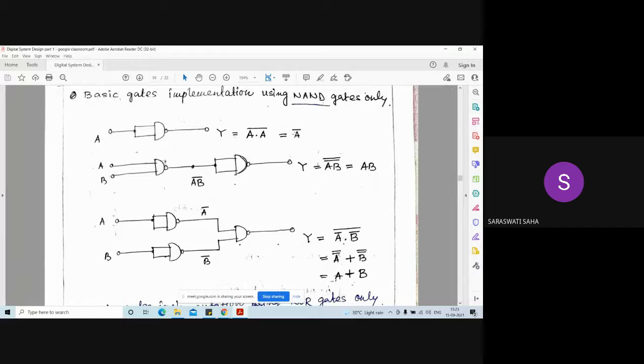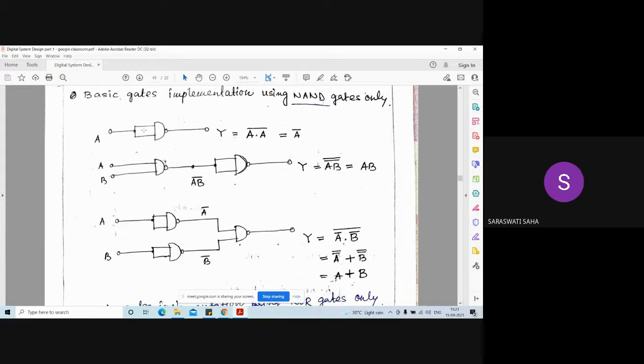To implement the NOT gate from a NAND gate, then the AND gate from a NAND gate, and the OR gate from a NAND gate. Here, a two input NAND gate. If we connect both inputs, meaning we short these two terminals and take one input from the common terminal, it becomes a one input gate. What will be the output?